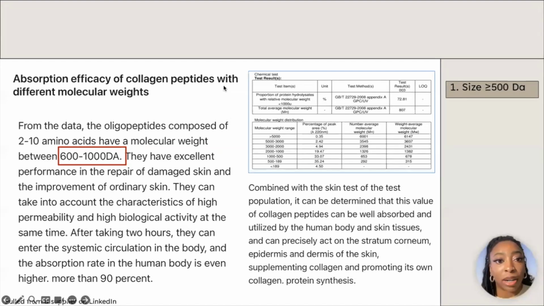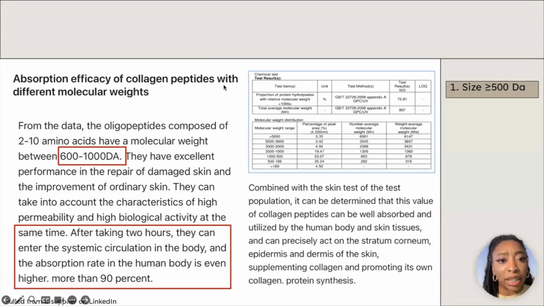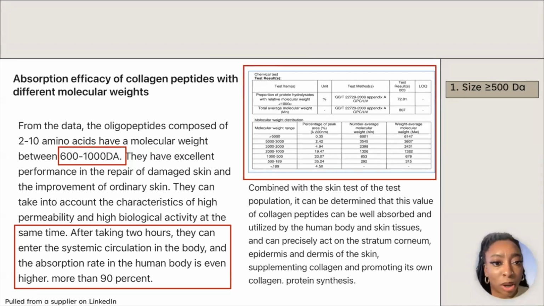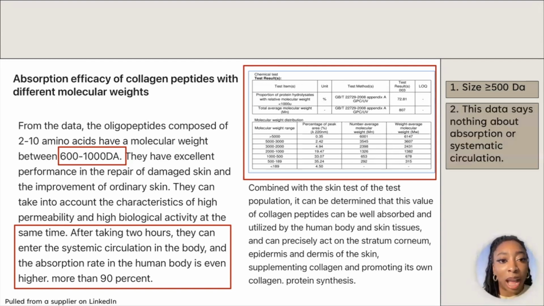The next part says that they can enter systemic circulation in the body, and they also have this chart as evidence. If we take a close look at this chart, it says absolutely nothing about absorption or systemic circulation. It's just a molecular weight characterization of the active.